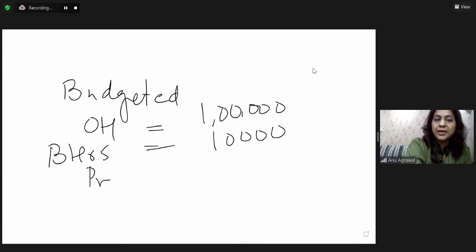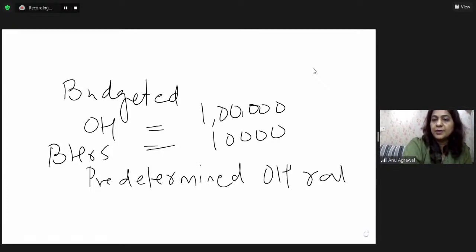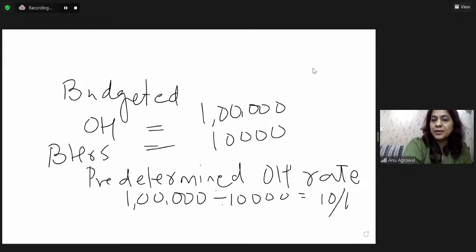So your predetermined overhead rate was 1 lakh divided by 10,000. It comes out to be 10 rupees per hour.